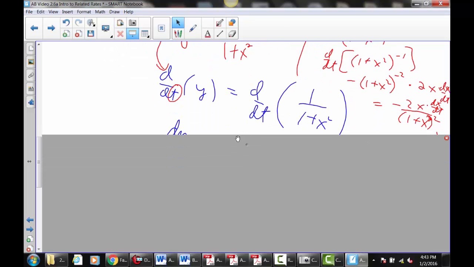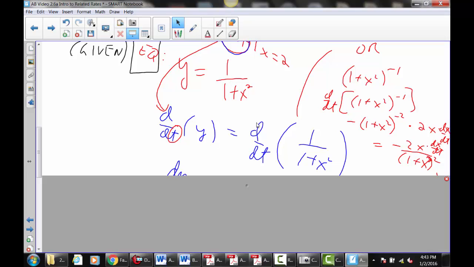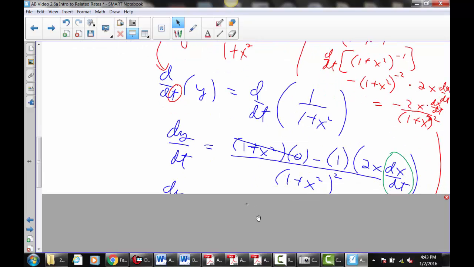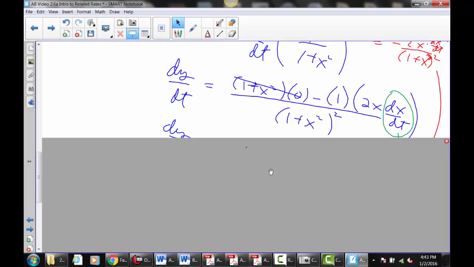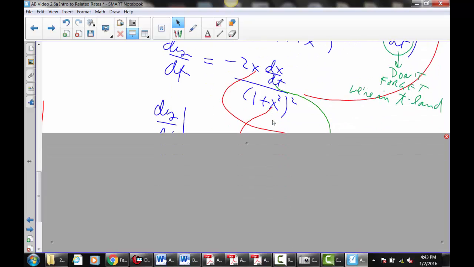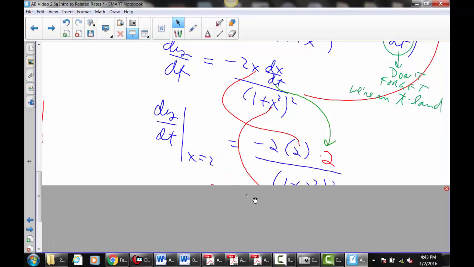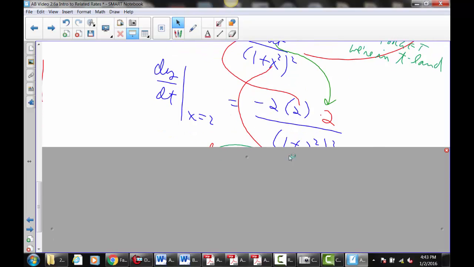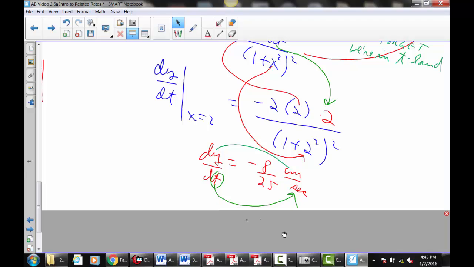I left it as a quotient, so I'm taking d/dt of each side of the given equation. I did a quotient rule, and then I'm substituting. I simplified a little bit, and then I substituted, because they told us dx/dt was 2, and they said to find dy/dt when x equals 2, so I replaced the 2 x's by 2.